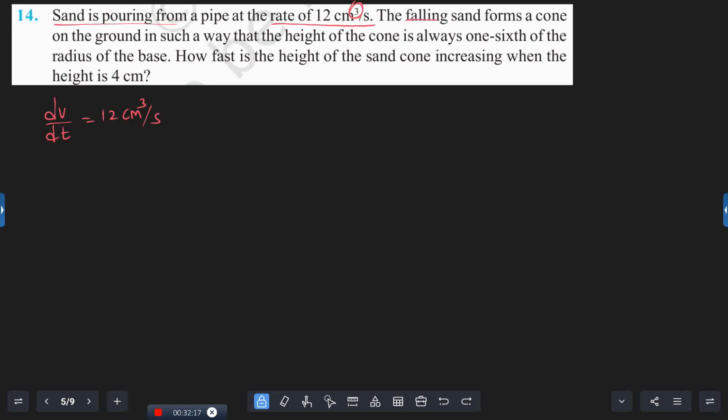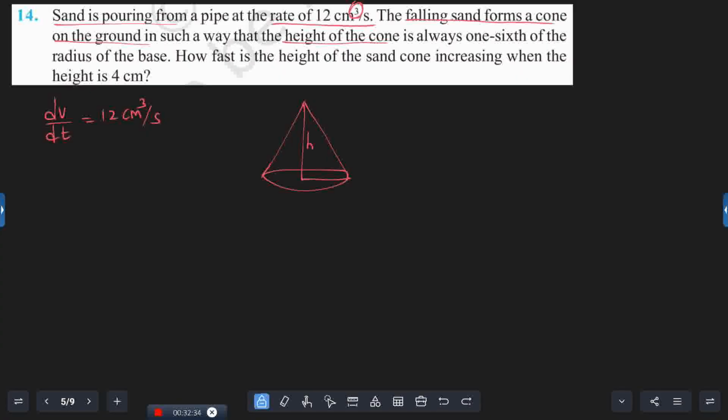The falling sand forms a cone on the ground in such a way that the height of the cone, listen, when you pour the sand on the ground, it forms a cone. It forms a cone.